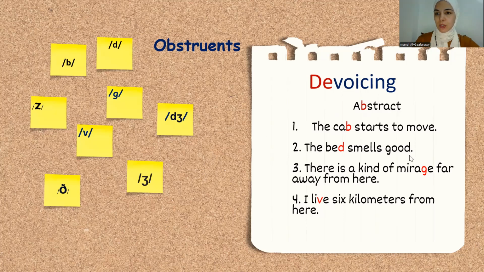The bed smells good. The bed smells good. So again, the D loses its voicing and changes into the voiceless T. There is a kind of mirage far away from here. Mirage far away. So the J at the end of mirage changes into sh.